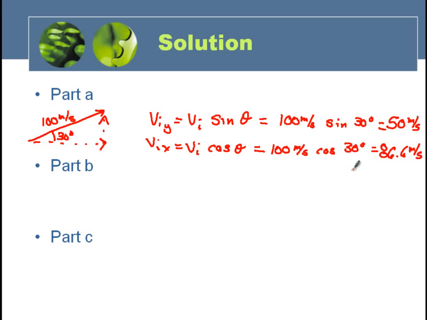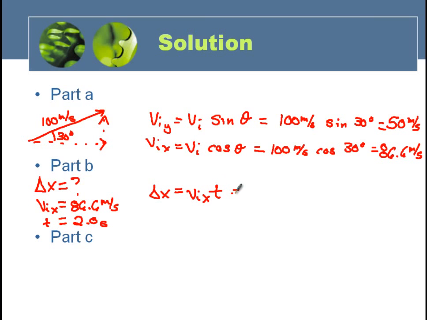meters per second. So part B is how far did it travel in the x direction after 2 seconds. So we take our inventory. Delta x is what we're looking for. Our initial velocity in the x is 86.6 meters per second. Our time, 2.0 seconds. So we use the equation delta x equals VIX t.